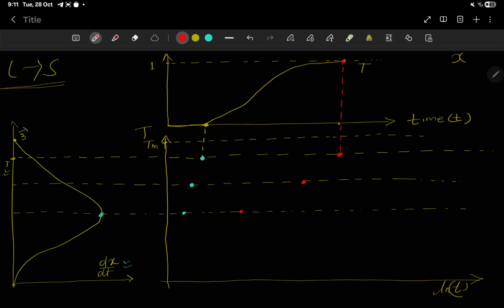Now what will happen as we decrease the temperature? You can see the rate of transformation is also decreasing.